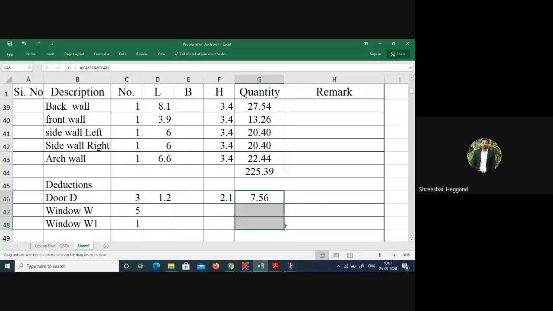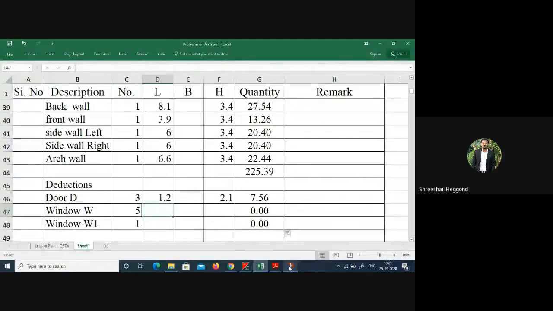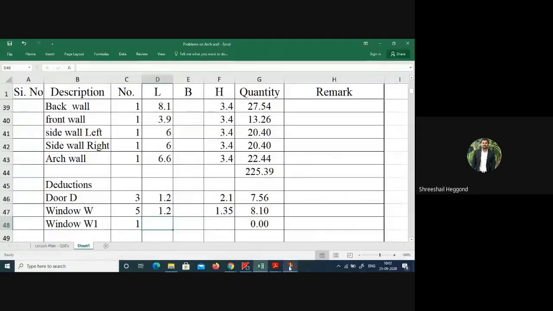Length will be 1.2 and 2.1 is height. Next, windows are of 5 number. Dimension is 1.2 by 1.35. And W1 window is 3 meter long and 1.35 meter height.